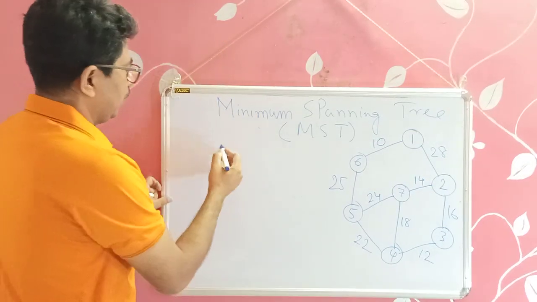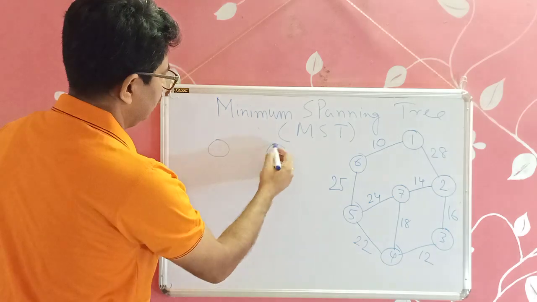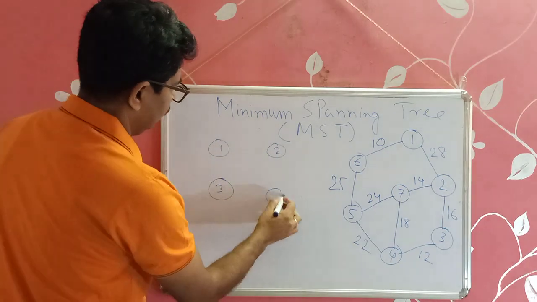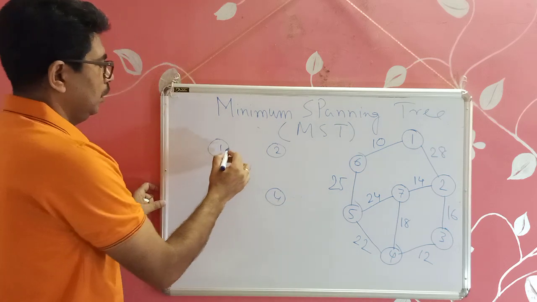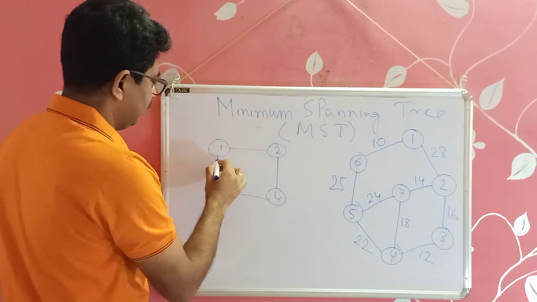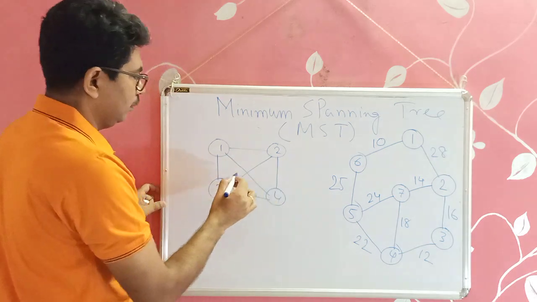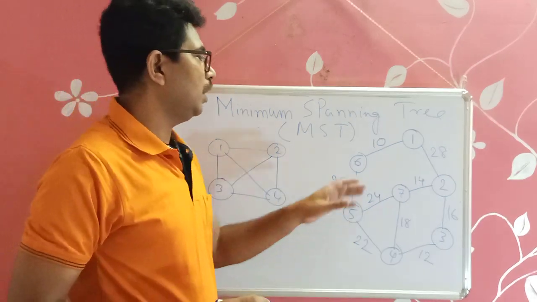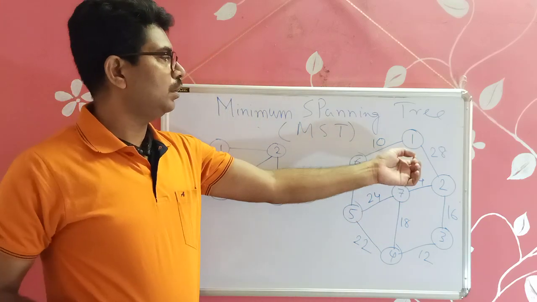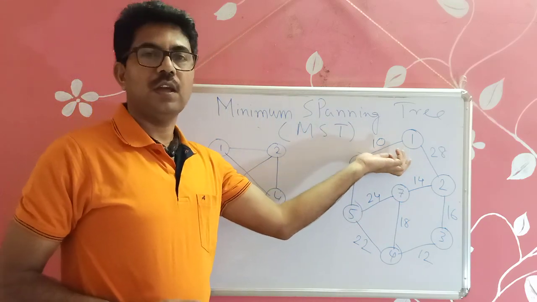Let we are having a graph, say V1, V2, V3, V4. So this is the graph, and let this be a weighted graph. We know what is a weighted graph. Weighted graph means every edge will be assigned a weight.